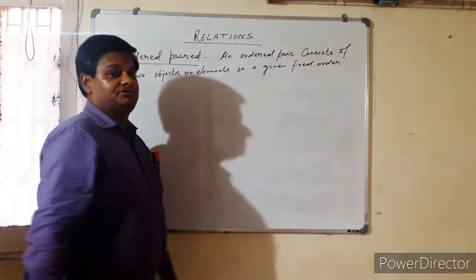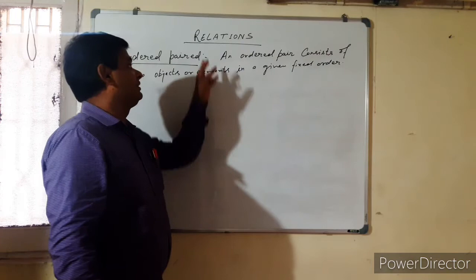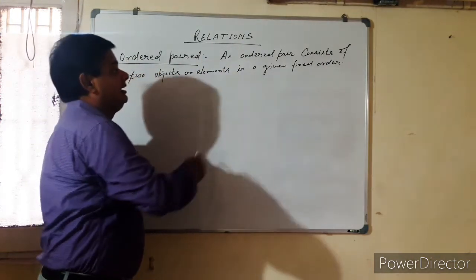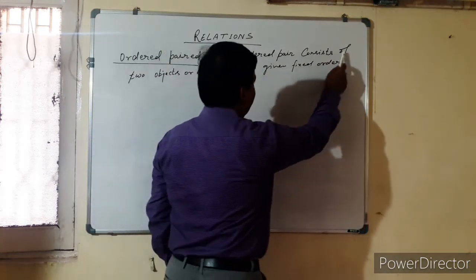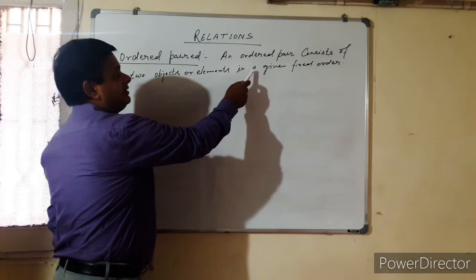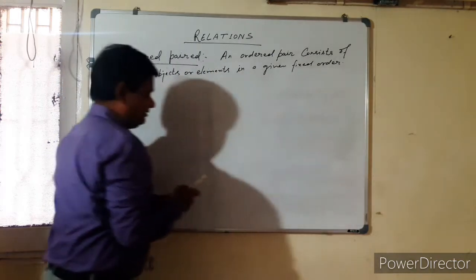Now I am going to start a new topic, relations. See here, ordered pair. An ordered pair consists of two objects or elements in a given fixed order.